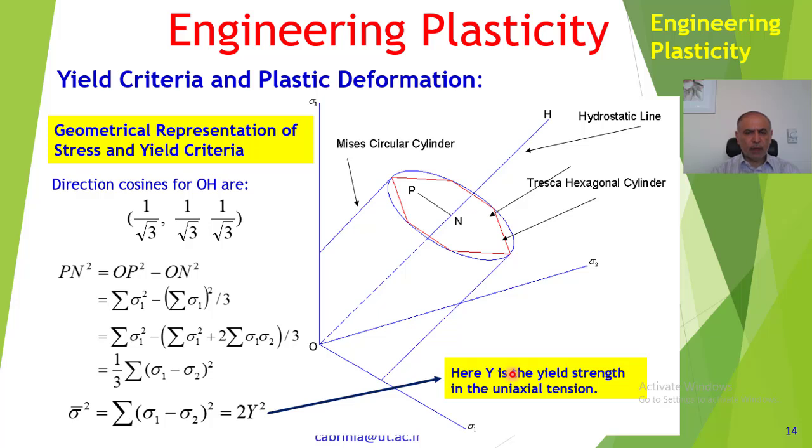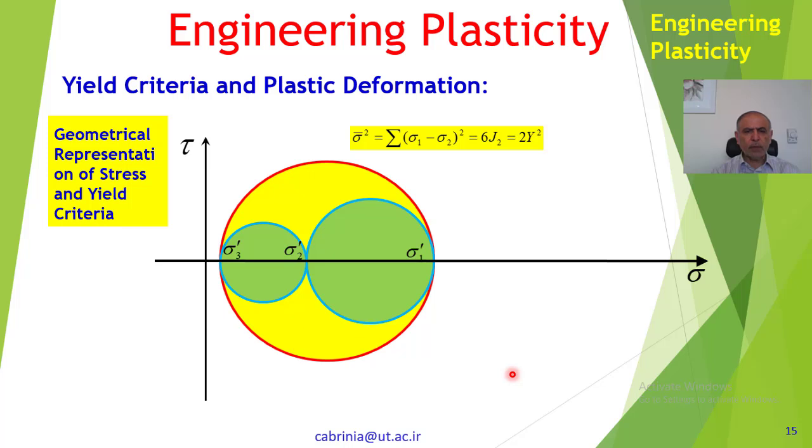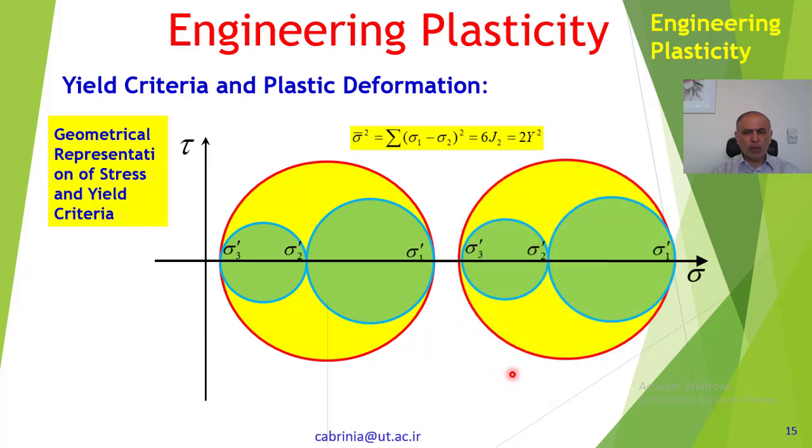And I want to show you this slide to show why the hydrostatic stress does not have any effect on the yielding. This is the hydrostatic stress, sigma m. You see, the size of the Mohr circles has remained the same. When we increase the hydrostatic stress, the Mohr circle moves on this axis.